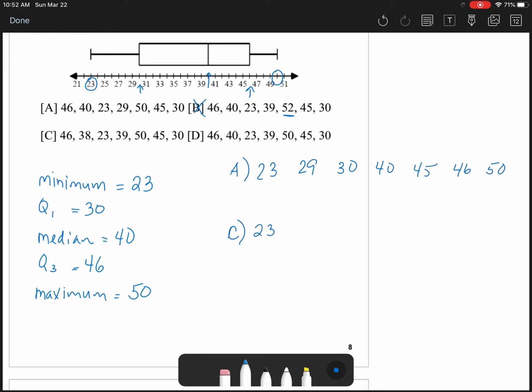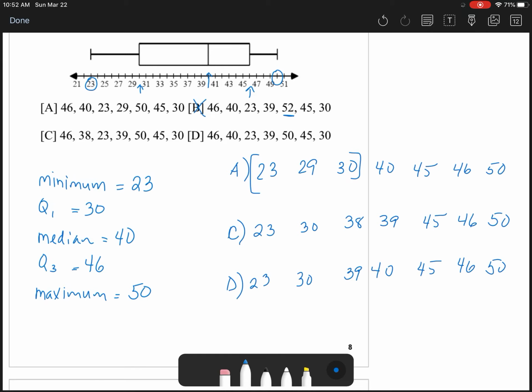For choice C, we have 23, 30, 38, 39, 45, 46, and 50. And then D would be 23, 30, 39, 40, 45, 46, and 50.